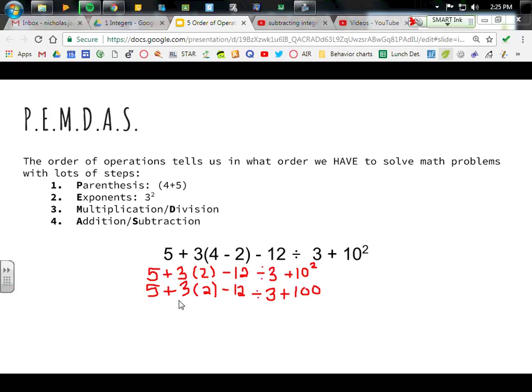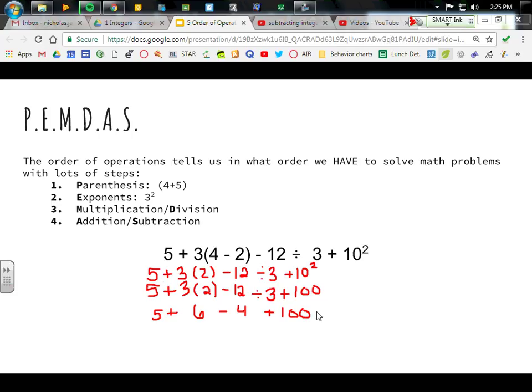My multiplication here is 3 times 2, and that's going to be 6. My division right here, we could say that this is negative 12 divided by 3, and that would give us a negative 4 or minus 4. All right, so then I can just fill in the rest of the blanks. So 5 plus 6 minus 4 plus 100.